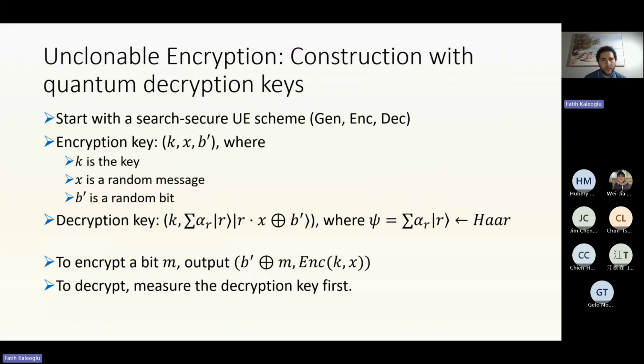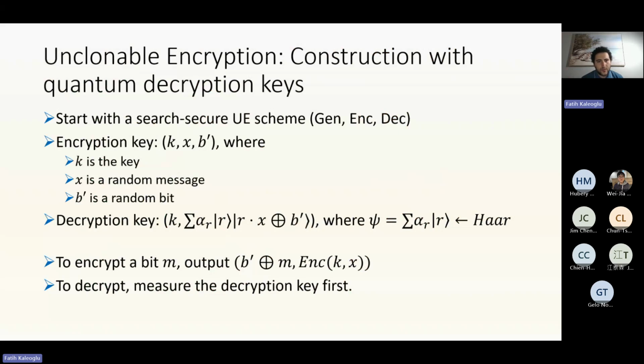So it's a weaker notion. And so we have a random message X, random bit B prime. So what we do is we're going to sample a Haar random state, psi, and then we're going to sample a Goldreich-Levin string R, but we're going to use the Haar state as that string. So it's going to be a superposition over different R's.